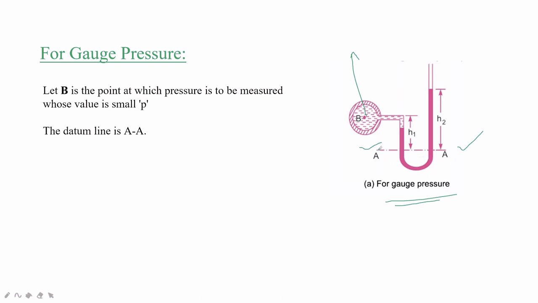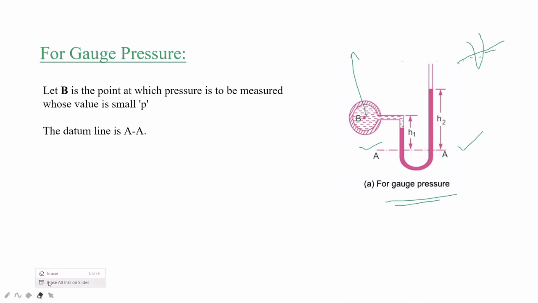Whenever a U-tube manometer system comes, at the correct position we will take a datum line. Why the datum line? To simplify and solve the problem. You'll get to know when you learn the formula.